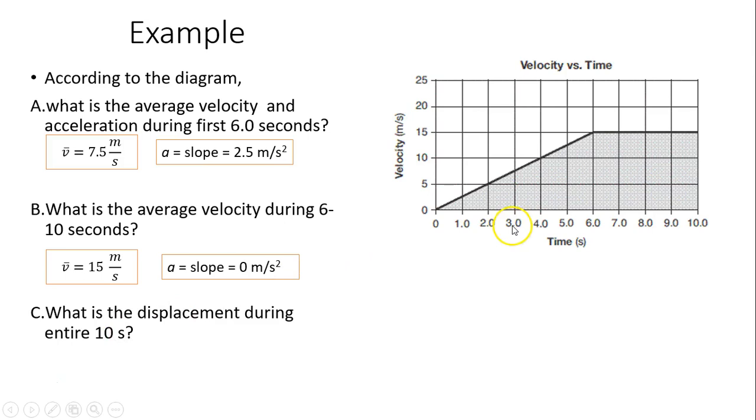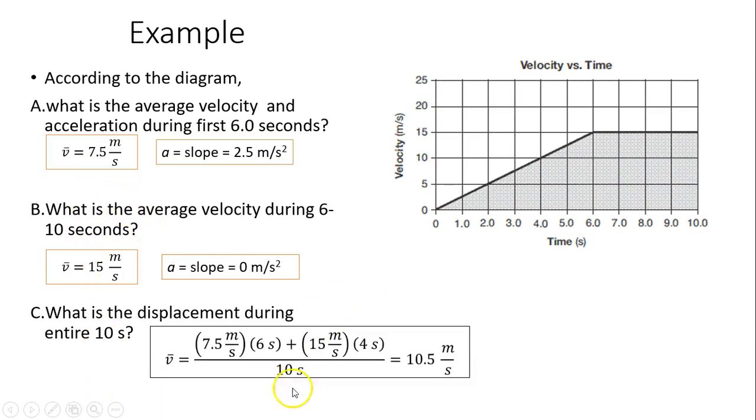So for displacement, again, there are two ways. First is to find the area of this trapezoid. Another way is to use the average velocity. The problem is you'll have two average velocities. How do you find the average of the two averages? Well, it depends on the time. So the average velocity for the whole period from 0 to 6 seconds is 7.5.